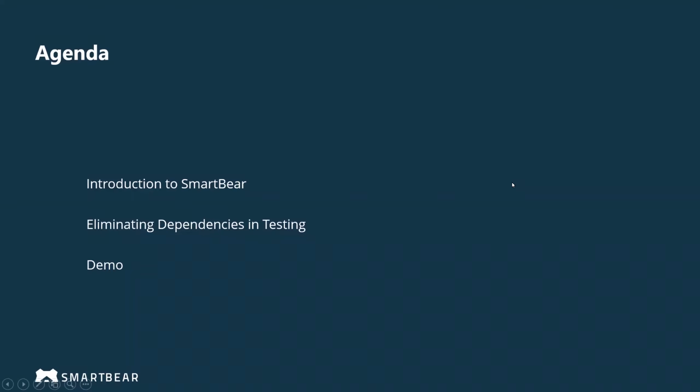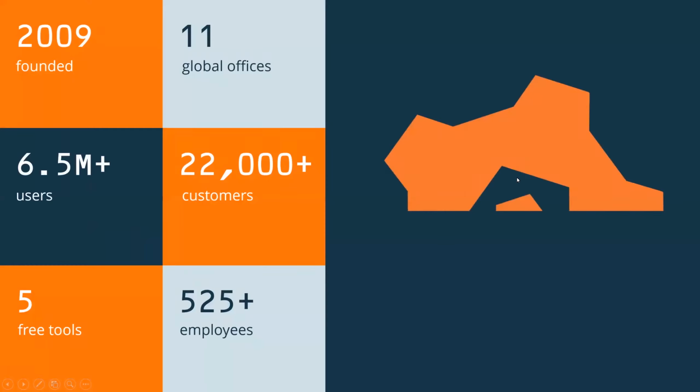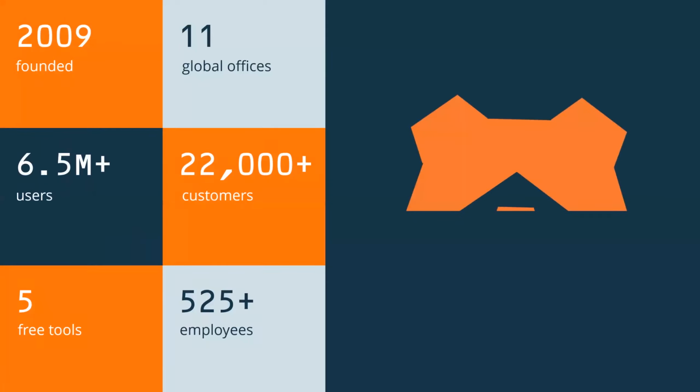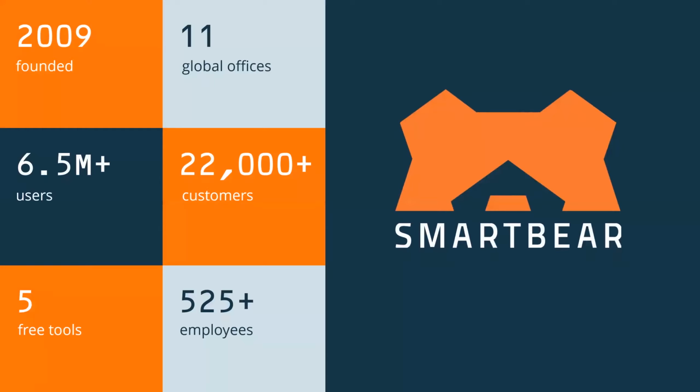Cool. So just as an introduction here, talk a little bit about SmartBear. We've been around for the better part of a decade, or a decade now. It's been quite a 10-year span for SmartBear. We now have 11 global offices, which is pretty remarkable. Today I'm actually working from the Florida office that we have. Some great teams down here and a lot of good work happening.